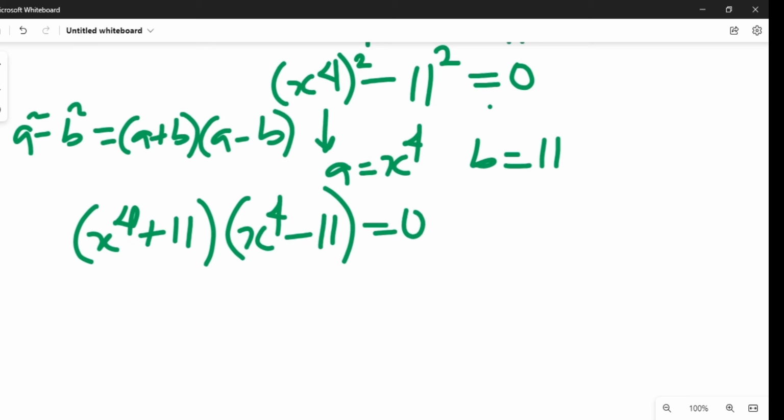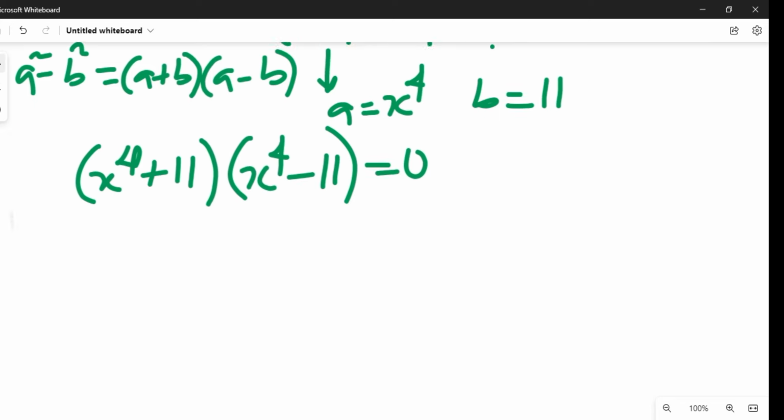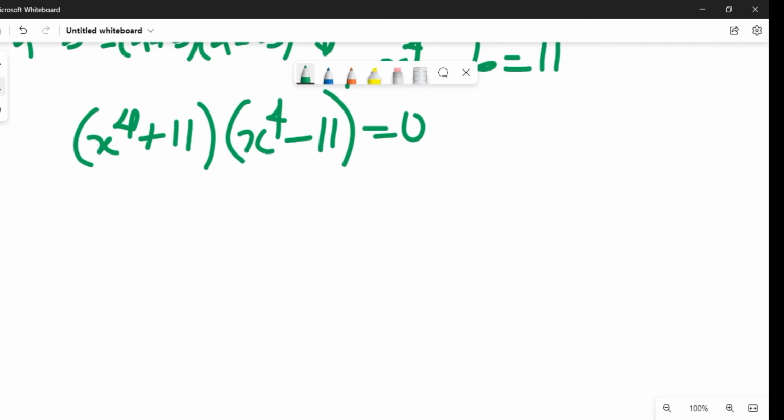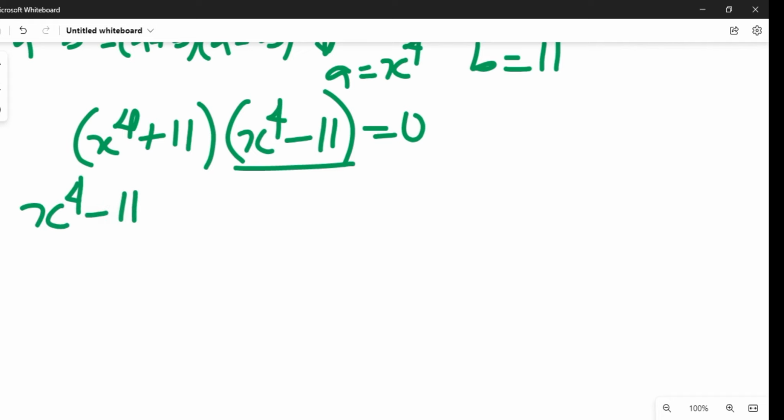One is positive and the other one is negative. So the positive equation will be left for now because we are going to pick up this equation and then work on it. We have x raised to power 4 minus 11, that's what this gives us, equal to 0.